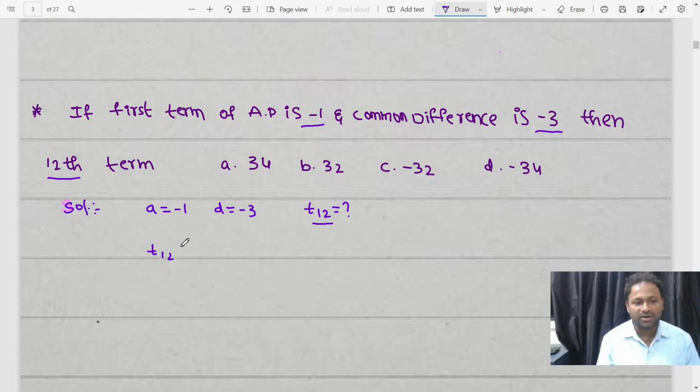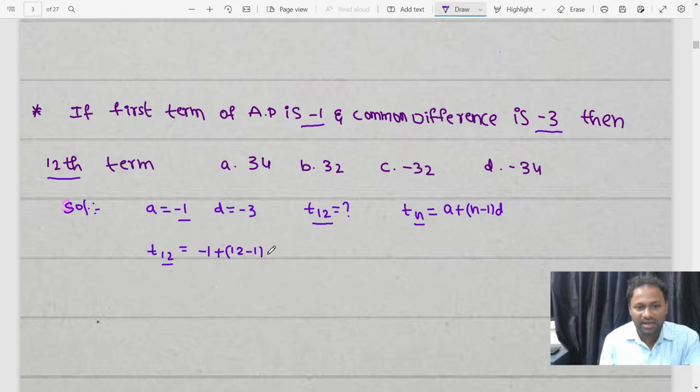Generally what I told, Tn is equal to the nth term formula, A plus n minus 1 into D. It is very simple. Just substitute in this. T12 means n value is how much? 12, right? I'm going to substitute minus 1 for A plus n minus 1, 12 minus 1, into D.